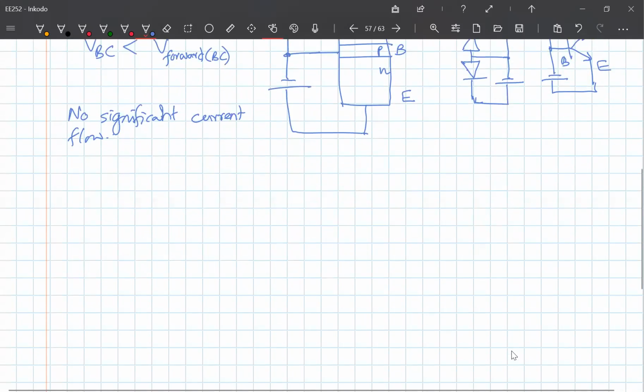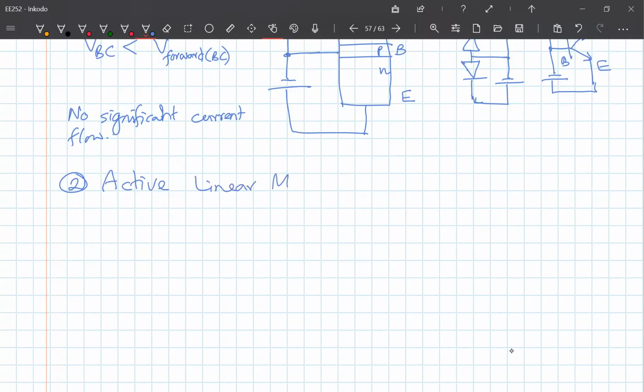The second one, and the most important one actually, is the active linear mode. In this case, one of the junctions is forward biased and the other is reverse biased. Now there are two junctions, so you can select either the BE junction to be forward biased or the BC junction to be forward biased.